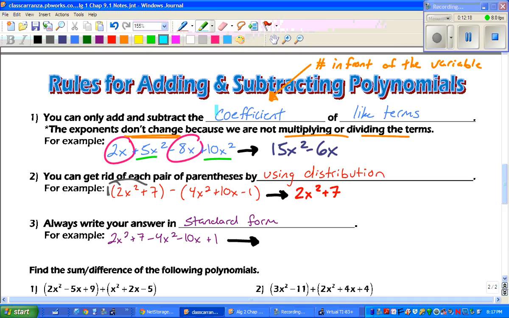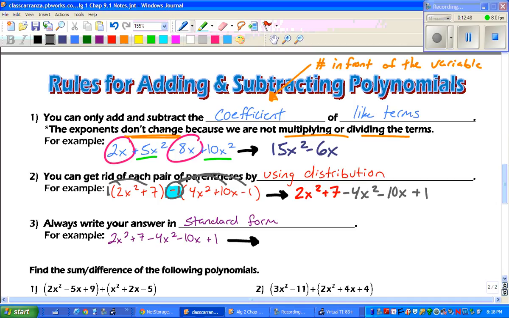But on the back side right here, you're actually distributing a negative 1. And when you distribute a negative 1, things start to change. Because it's negative 1 times positive 4x squared. Well, that's negative. Negative 1 times a positive 10x gives us a negative 10x. And negative 1 times negative 1 is positive 1.